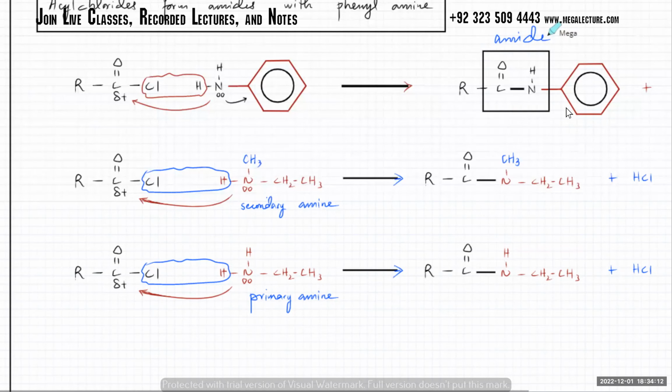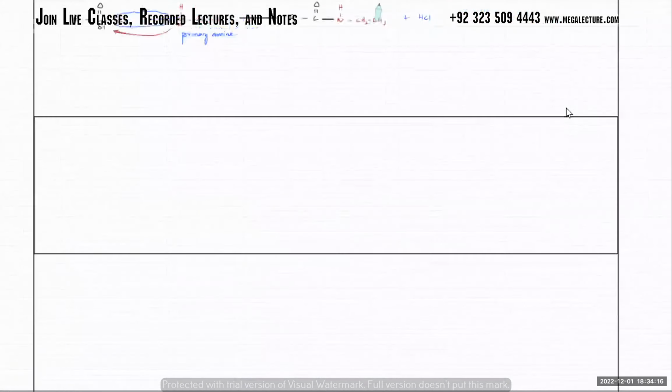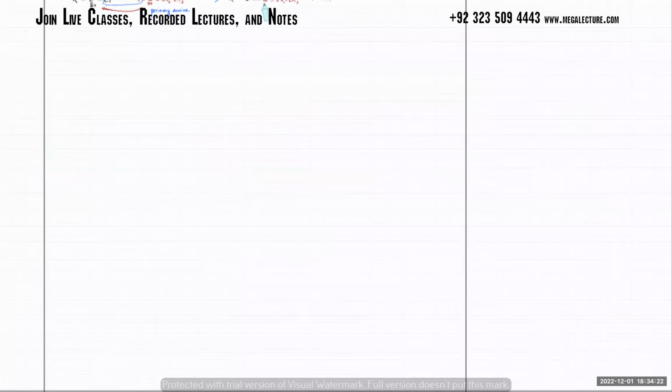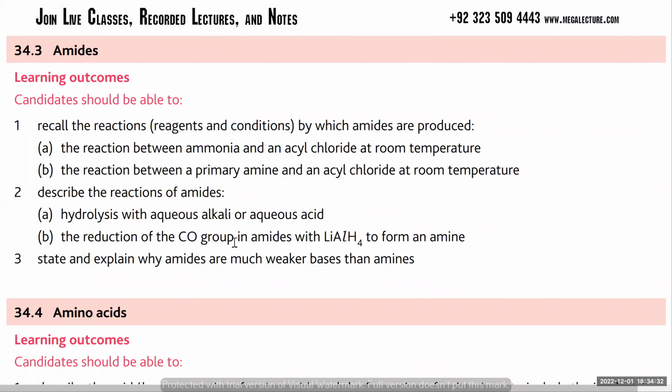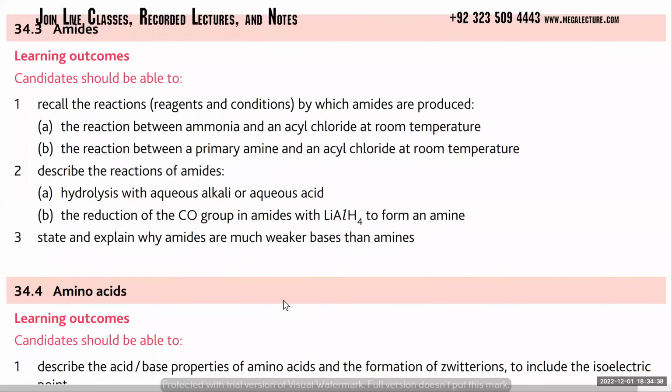अच्छा, अब आ जाते हैं उसके ऊपर, पॉलीमर्स के ऊपर. अच्छा, so polymers. ये primary amines, hydrolysis of amides, reduction of CO group, ये हम कर चुके reduction.